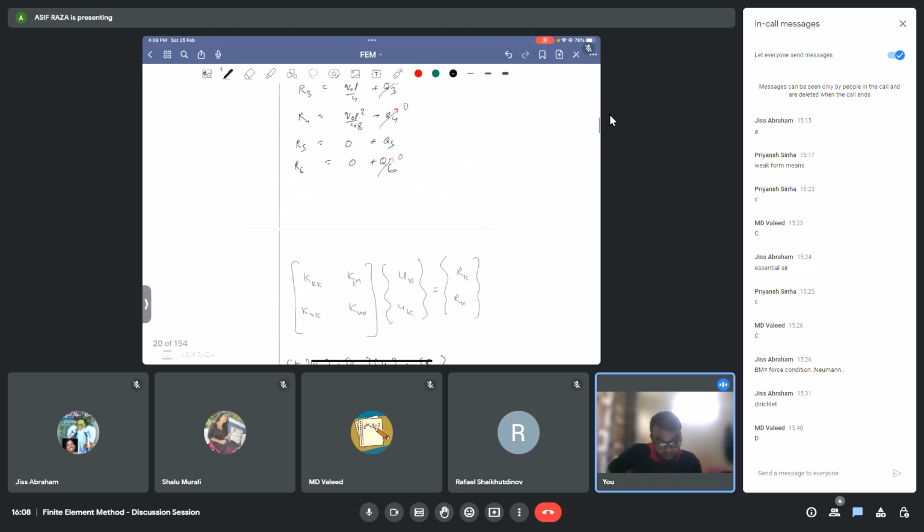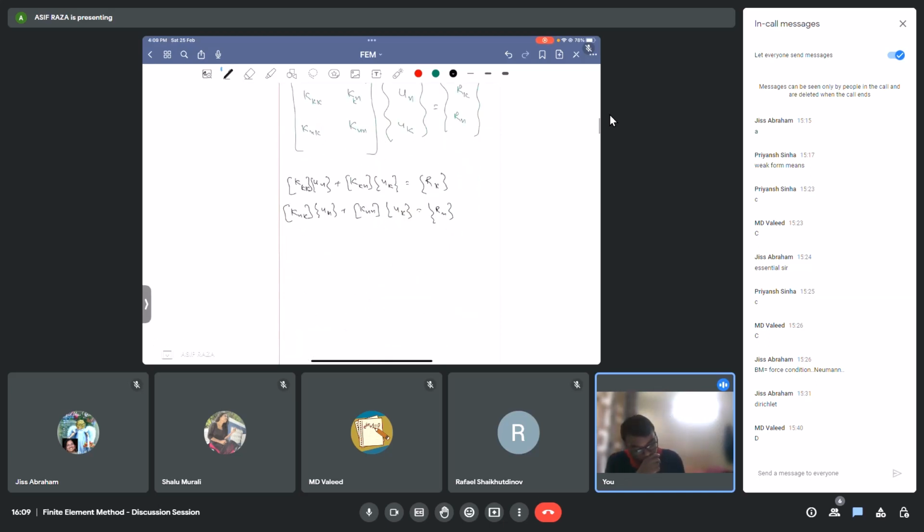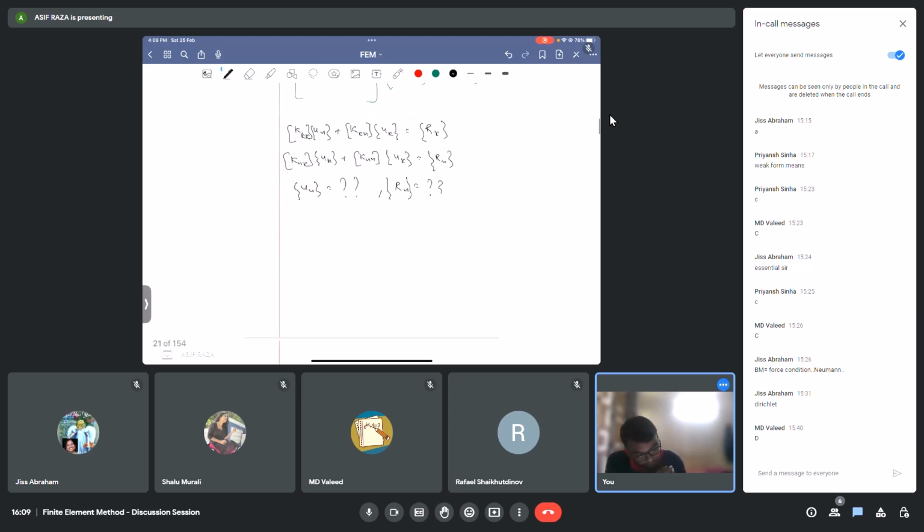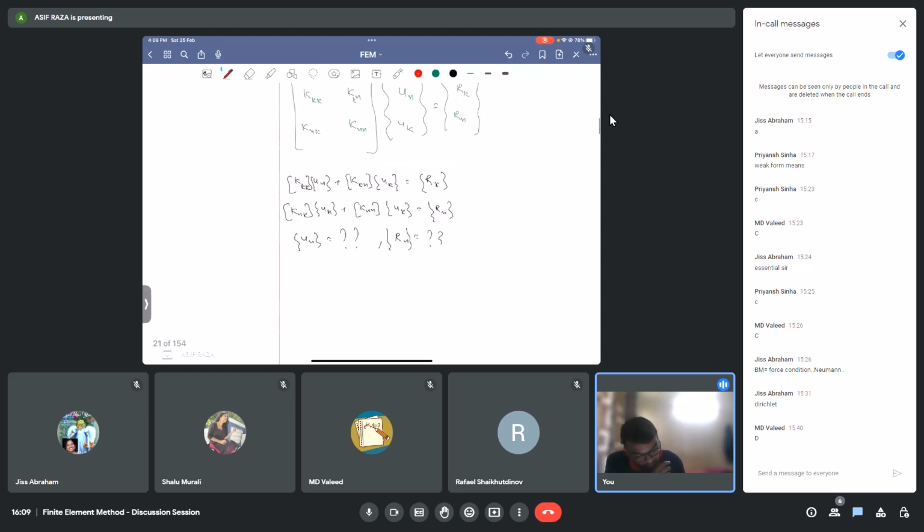So for the first unknown, if we want to solve this, we want to solve Un and Rn, right? This is our objective. We know this thing, we don't know this. Okay, so U known is 0 everywhere, right? So this thing equals 0.